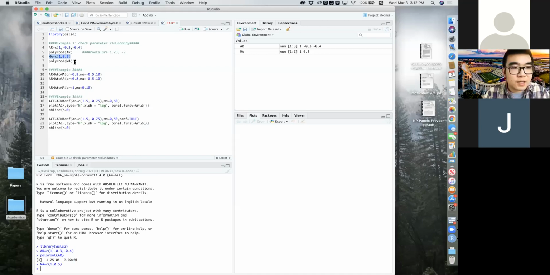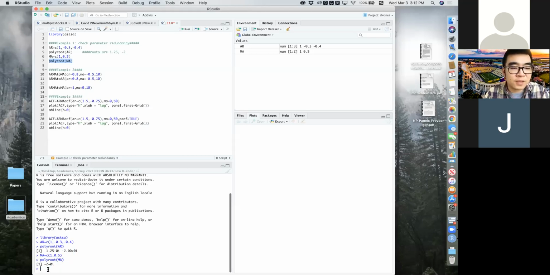Again we ask the computer to use this polyroot command to solve for the root of this MA polynomial. The root is -2.